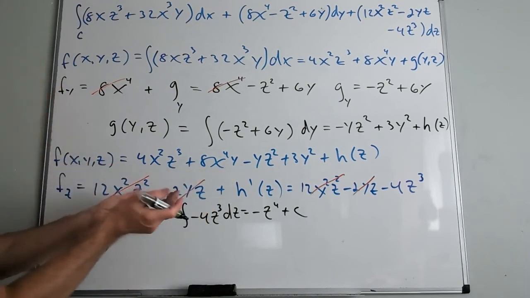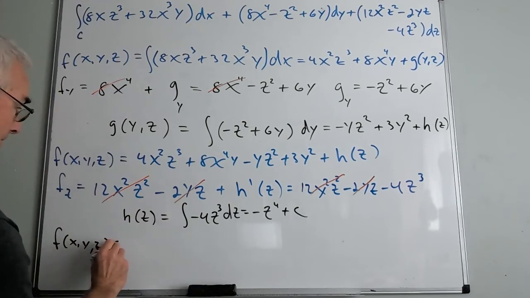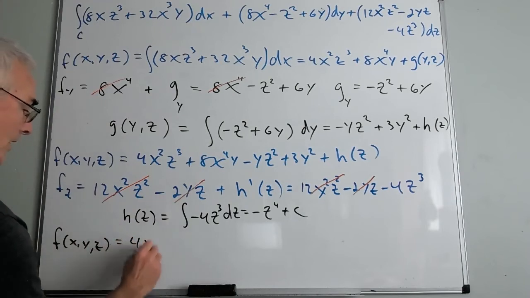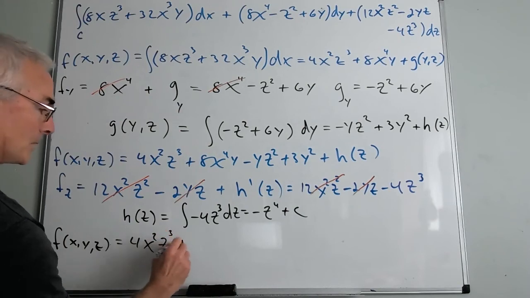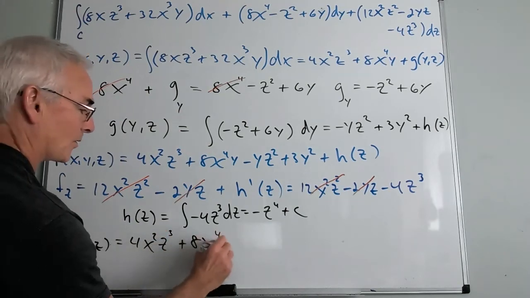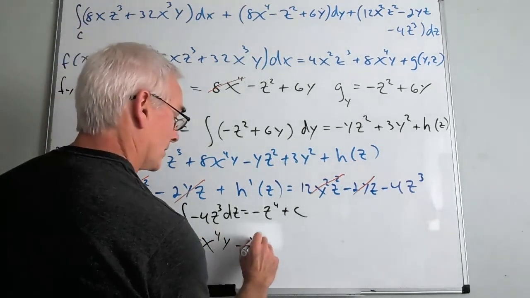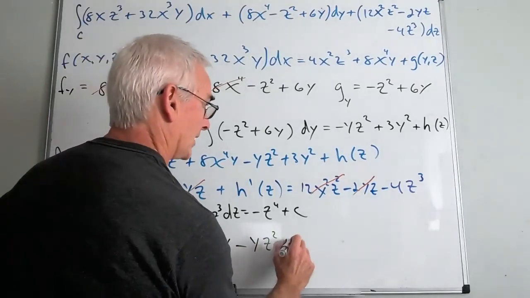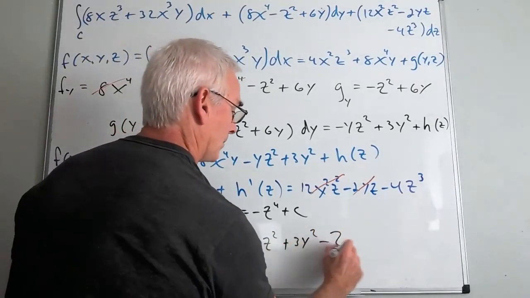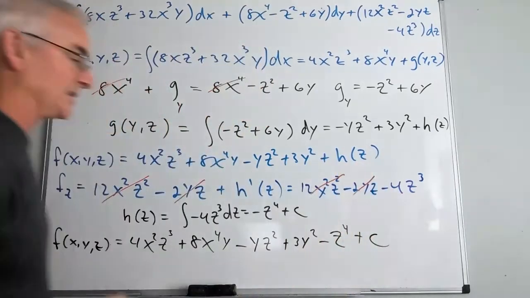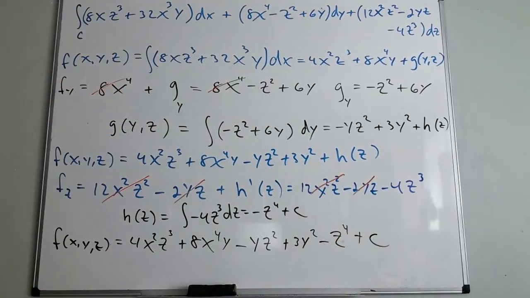So our answer to this question is just going to be the completed function: 4x squared z cubed plus 8x to the fourth y minus yz squared plus 3y squared minus z to the fourth, and I will include the plus c because I'm not doing a definite integral right now.